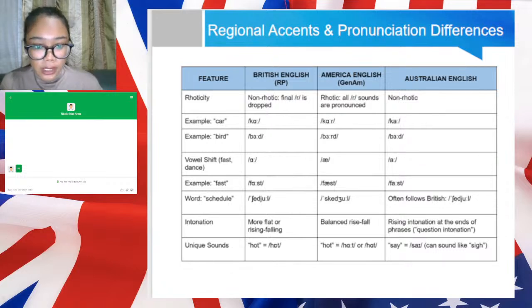That is for intonation. Finally, let's touch on some unique sound variations for specific words. The example here is the word hot. In British English, the word hot is typically pronounced with an "o" sound, like in cot.